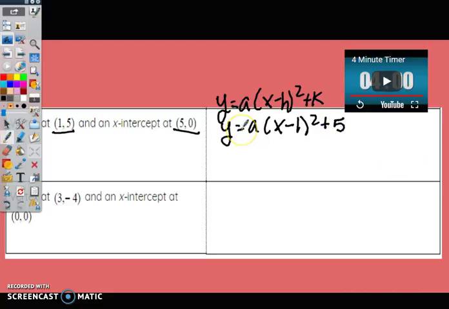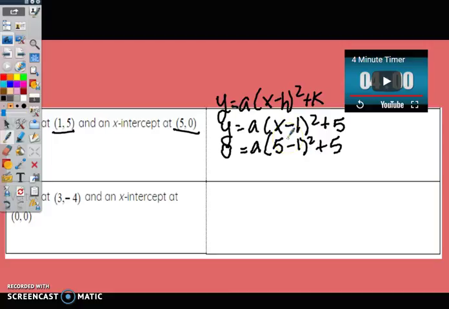Okay, and now I just need to use that other point given to me that just happens to be an x-intercept so that I can find what A is. So what's the y value of my other point? 0. What's the x value of my other point? 5. So now I have everything but a filled in.